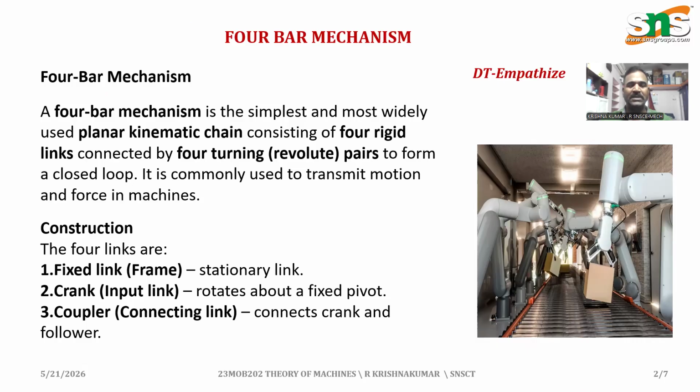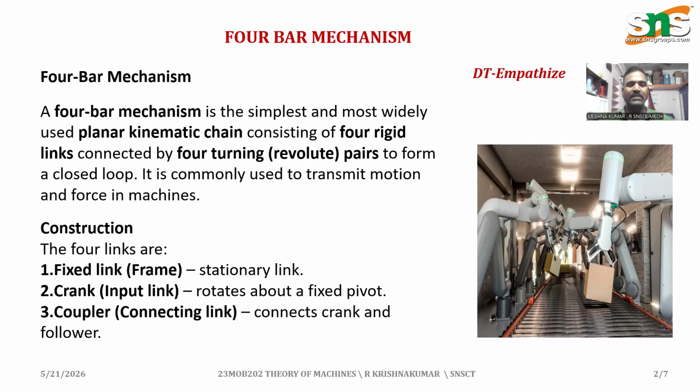The mechanism is widely used because of its simplicity, reliability, compactness, and ability to transmit motion efficiently. The 4-bar mechanism forms the basis of many machines and mechanical systems used in industries, automobiles, robotics, and household devices.